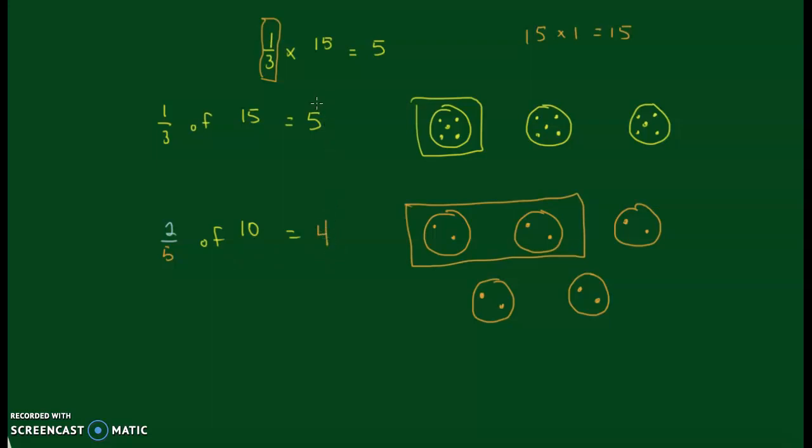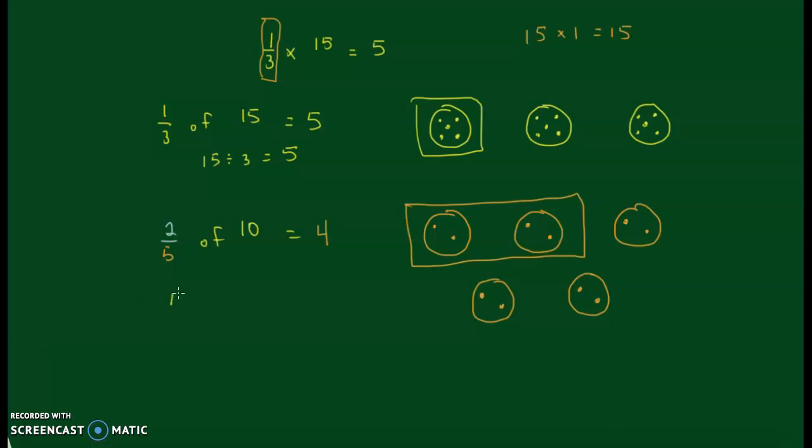Now, if we go back up to the previous problem, 1/3 of 15 was 5. And if you notice, 15 divided by 3 is 5. So to find the unit fraction of a number, you can take the whole number, divide it by the denominator, and that will get you to your answer. When we're not using a unit fraction, we can still use that first step.